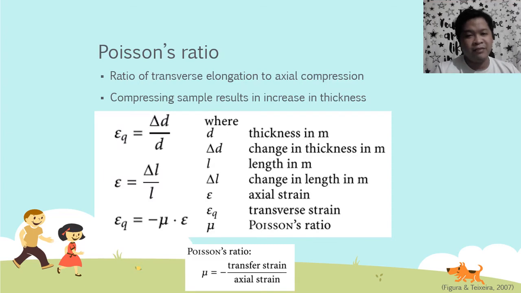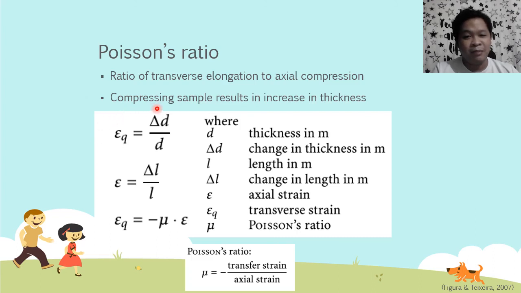So forgive my French if I butcher the pronunciation of this word. Poisson. Ayon sa YouTube. Okay, so the Poisson's ratio is a ratio of the transverse elongation to axial compression. Simply put, when you compress a sample and it results in an increase in thickness, then the ratio of that amount of compression to the amount of increase in thickness is this ratio.